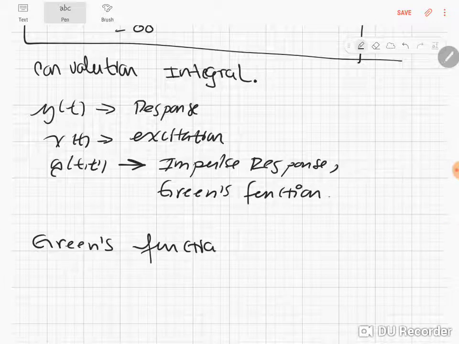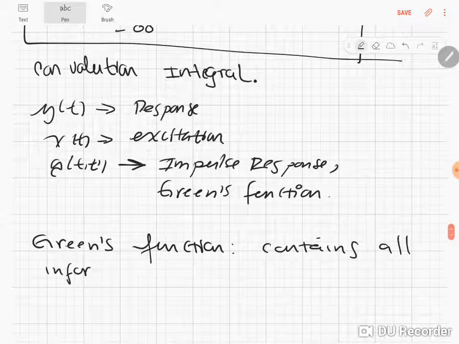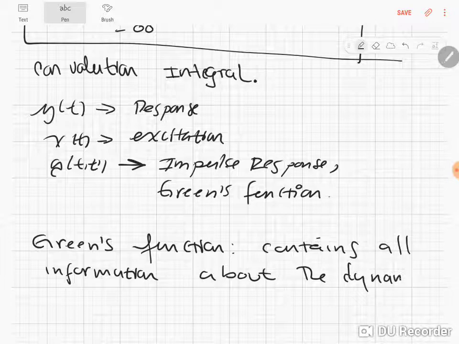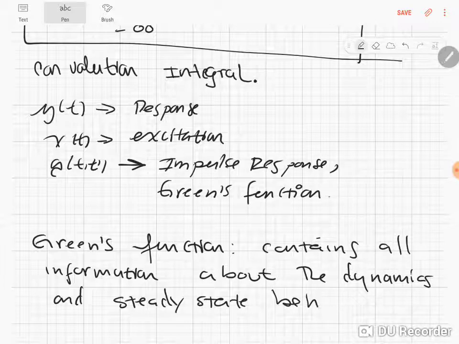The Green's function contains all information about the dynamics and steady state behavior of an arbitrary dynamical system.